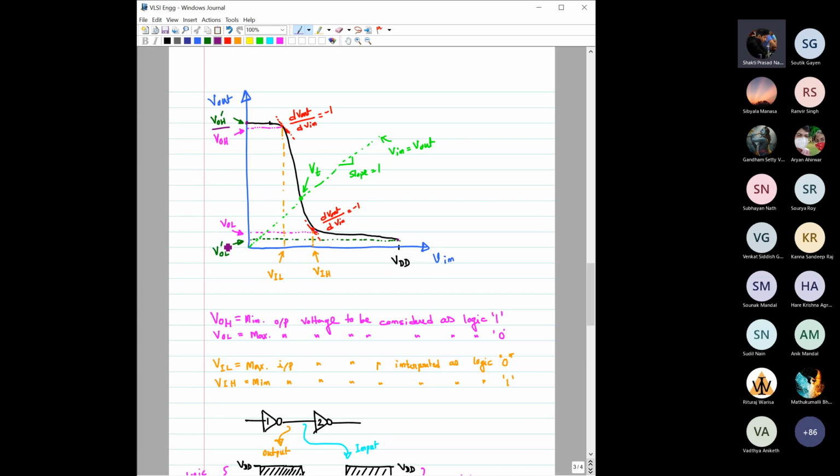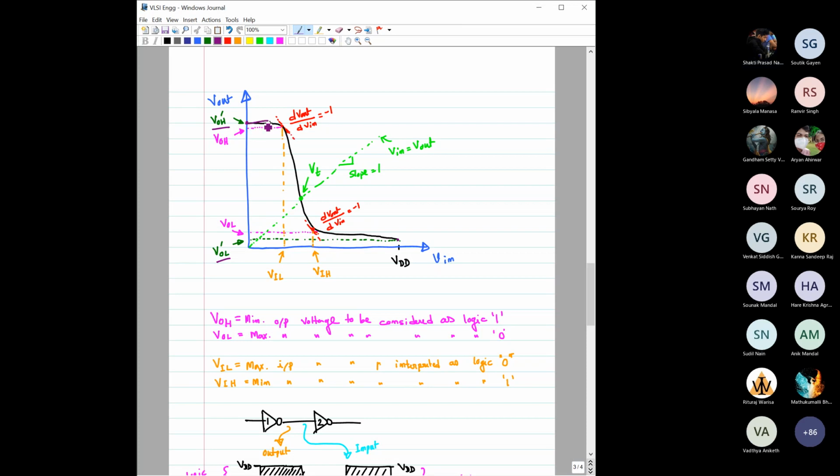Okay, please give me some time to discuss what this VOH dash is and why it is so important. But as of now, just try to understand that this is VOH dash and this is VOL dash. Now you see, when you are increasing this Vin, this line falls and takes the shape, right? Now when it is falling, right?